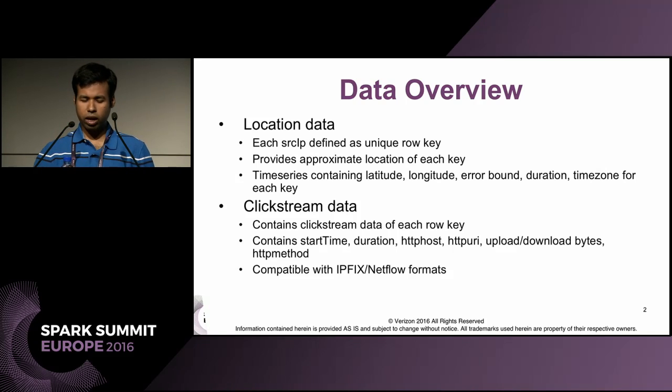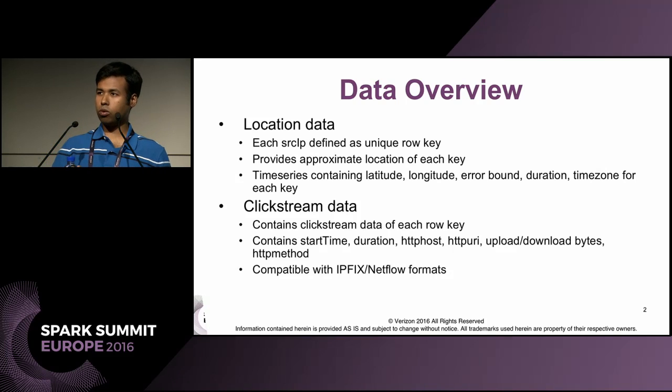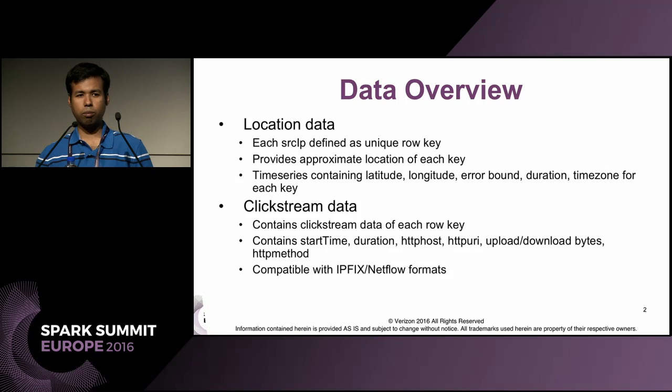We also get the location and the clickstream data for the source IP. So what do I mean by that? If you know network protocols, this is the data that phones collect in IPFIX or NetFlow format, and each clickstream record will have the start time of the record, duration, HTTP host, which HTTP host this source IP or this phone is connecting to, the upload bytes, download bytes, and what kind of HTTP method.